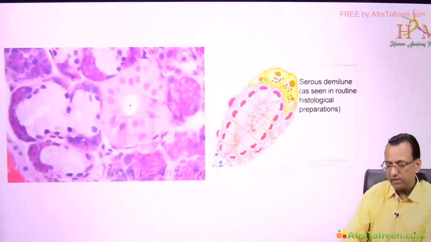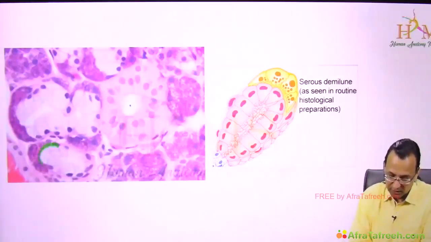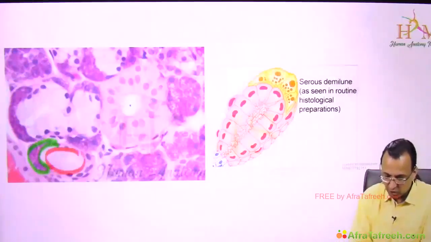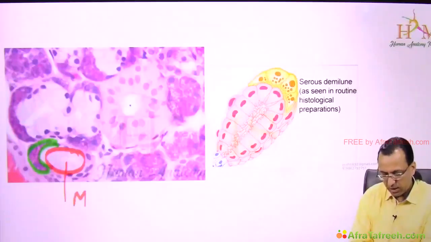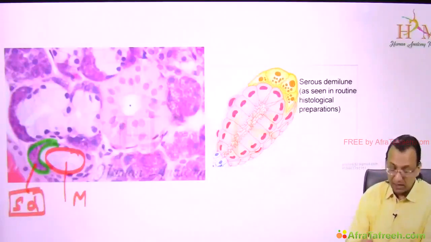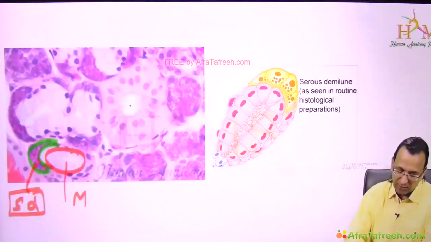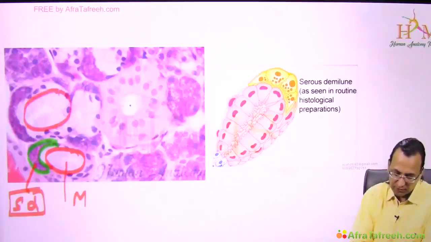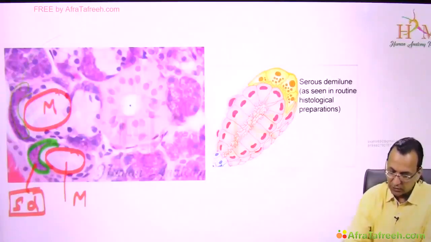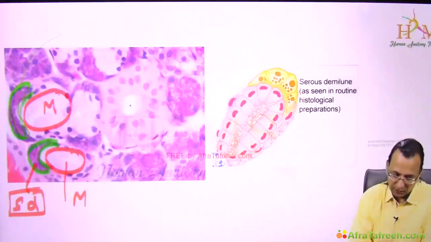How do you know that it is a serous gland? I am telling you, this is the cap and this is the gland here. Which gland? The mucinous. And what is this? See, this is serous demilune. So this is a mucinous gland and that is serous demilune.